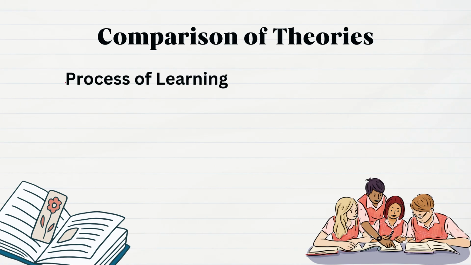So, when we look at the associationist theory, we see that learning here basically occurs through formation of associations between the stimuli and the responses.